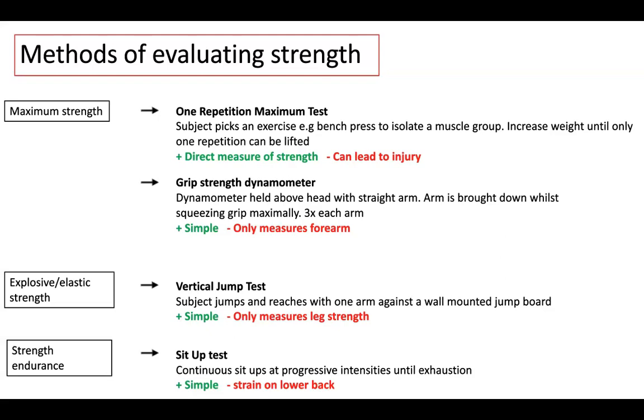However, a disadvantage is you can get a strain on the lower back from using this. Also, again, tests may not be sport specific, e.g. a swimmer or cyclist may be at a disadvantage using this test. So they are the different methods that we use for evaluating different types of strength. We've got 2 for maximum strength, 1 for explosive, and 1 for strength endurance.